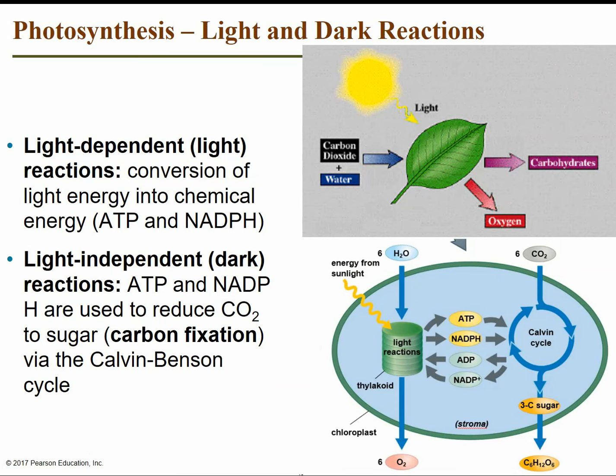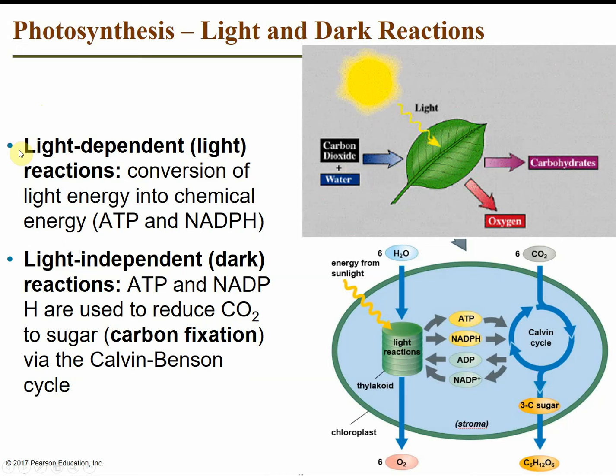Photosynthesis is also composed of a coupled reaction. We said anabolic and catabolic reactions are coupled. Basically, the end product of one set of reactions can be used as the ingredients for a second set of reactions. Photosynthesis has two types of chemical reactions we'll look at.